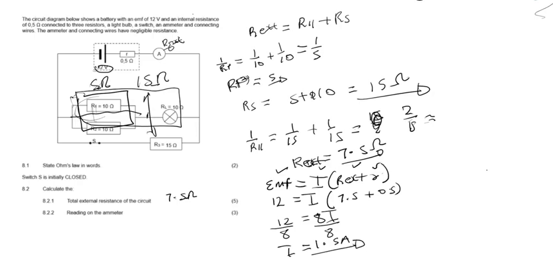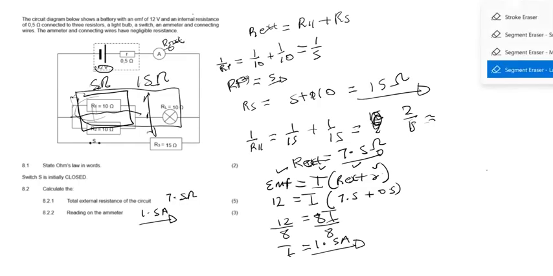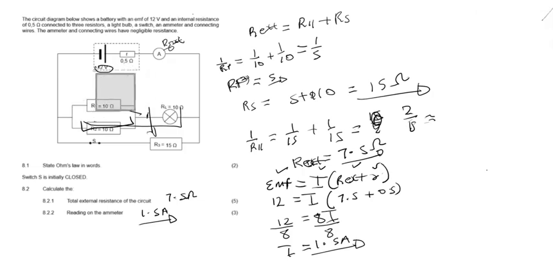Your current would be 1.5 amps. So hopefully it was helpful to you. The main trick was to add the right resistors using the right, correct formula.